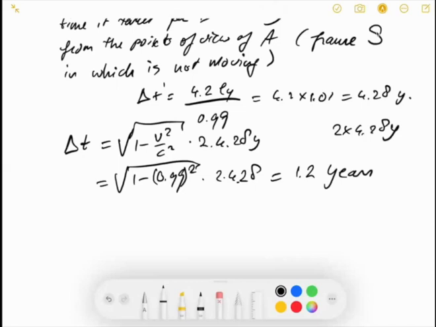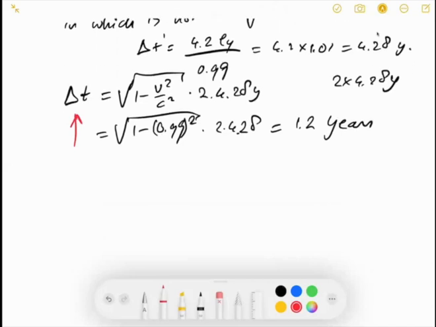So the two events are, let's say, leaving Earth and then arriving at Alpha Centauri. And because they're occurring in the same frame, we're using the delta t for it. And therefore, we're calling this the proper time. So that's two events occurring in the same frame.